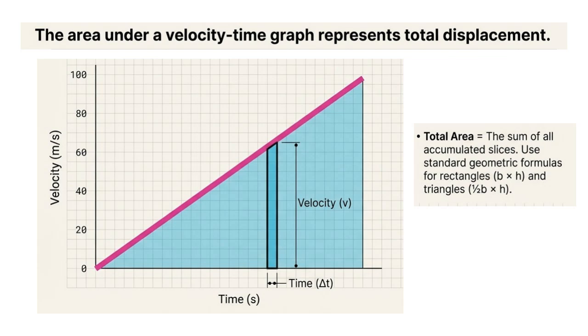For rectangles, multiply the base by the height, and for triangles, use half the base times the height. By summing all these areas, we get an accurate measure of the total distance traveled during the time interval. This approach is useful for understanding motion without needing complex calculations, especially when velocity changes steadily.